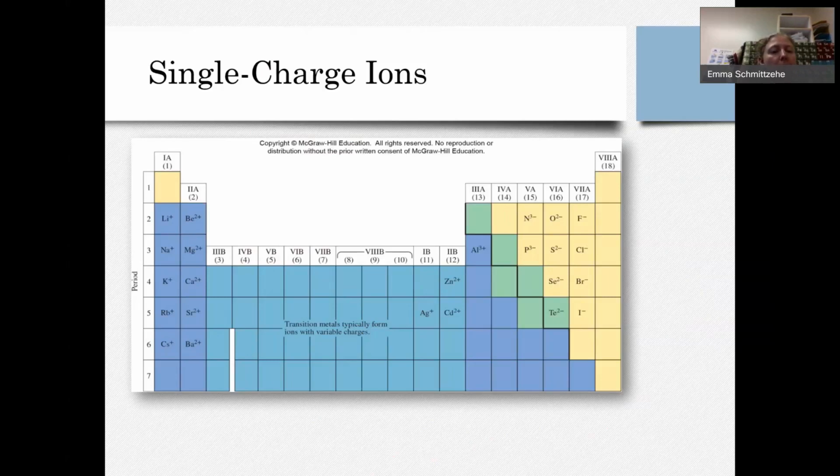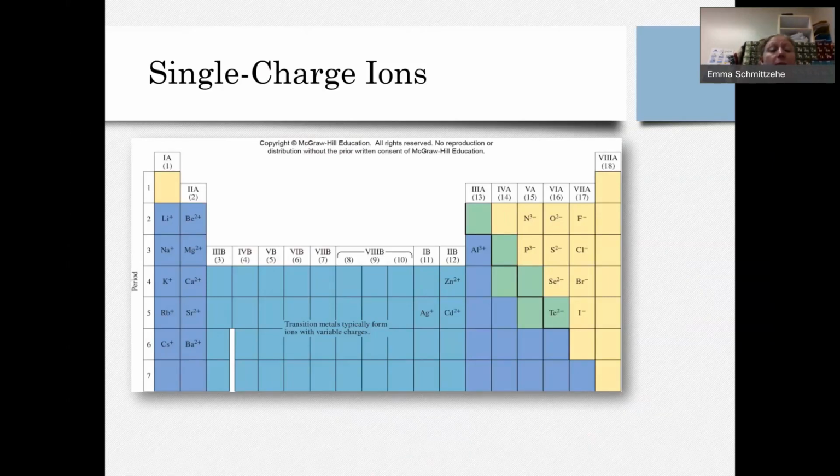This periodic table gives you some single charge ions, and it includes both cations and anions. The monatomic anions only form one charge, but some cations would form multiple, and those aren't included on this particular table.